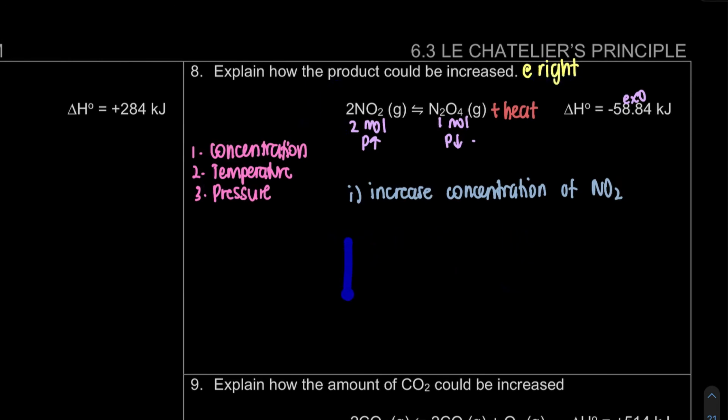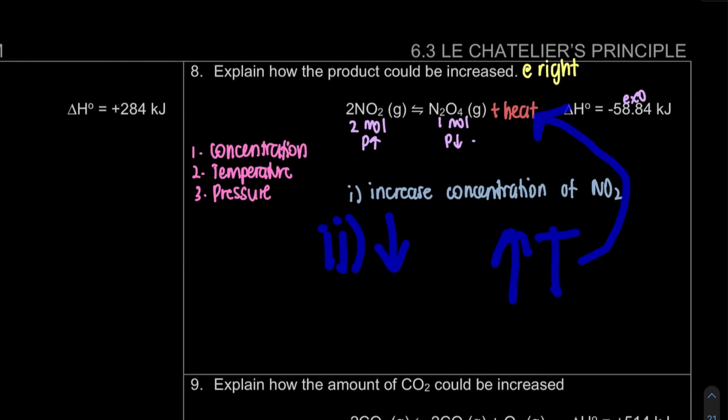Okay, so if we decrease the temperature, the system will counter back by increasing the temperature again. Increasing the temperature is actually on our right hand side. So then we can say the second one is that we try to decrease the temperature. So it will try to achieve equilibrium by increasing the temperature by shifting to the right.